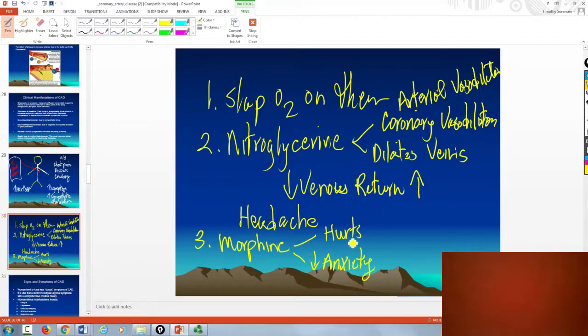You still have it. You just don't care about it, right? So if you don't care about your pain, that's going to reduce your anxiety and decrease your heart rate and systolic blood pressure, and that's a good thing, right? Because that reduces the demand on the heart. The other thing is that morphine is also an arterial vasodilator.